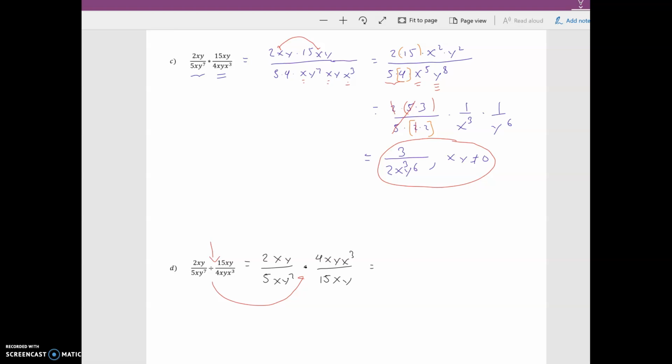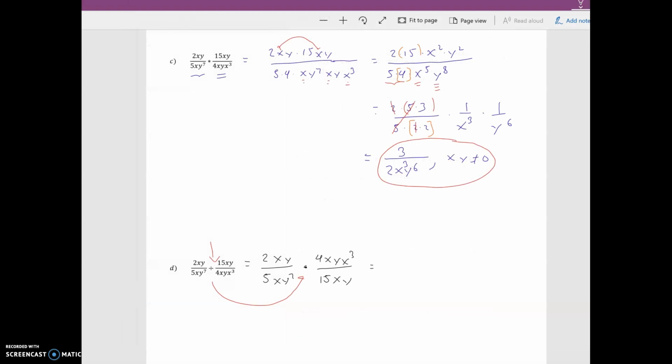So let me combine all the numerical values. Nothing seems to be canceling now. So you're just going to get an 8 on the top. And then in terms of the x's, I'm counting the following x's: x, and 3, 4, and 5. So x to the 5th.